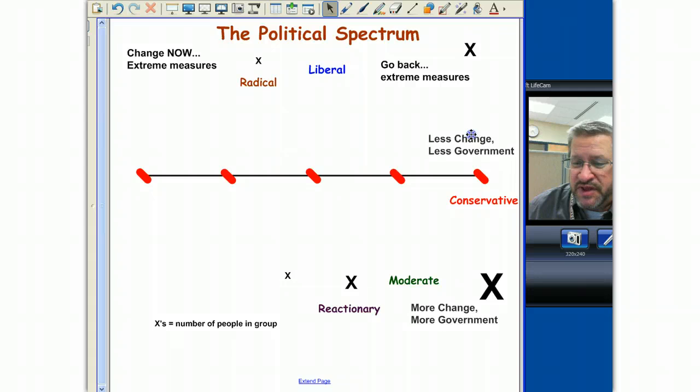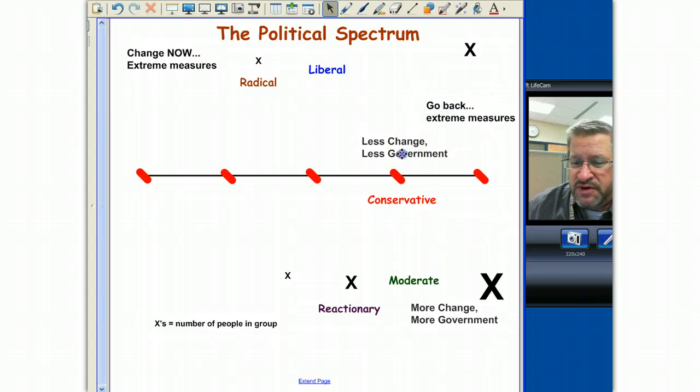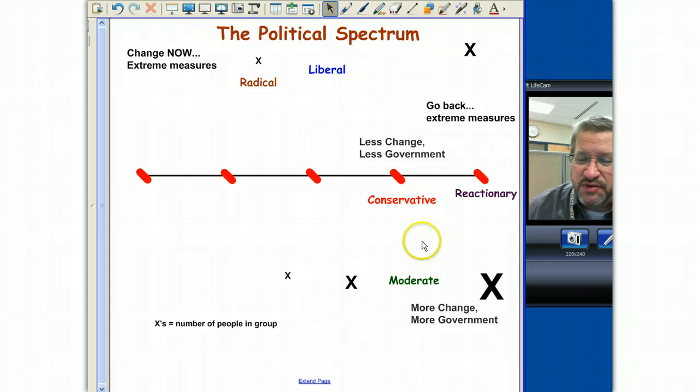As you can see, we'll move that up on the political spectrum. And those who are furthest along the right side of the political spectrum, in other words, more extreme, are known as reactionaries. Reactionaries want to go back. Not only do they not like change, they don't like the change that's already occurred, and they want to revert back to the way it used to be.